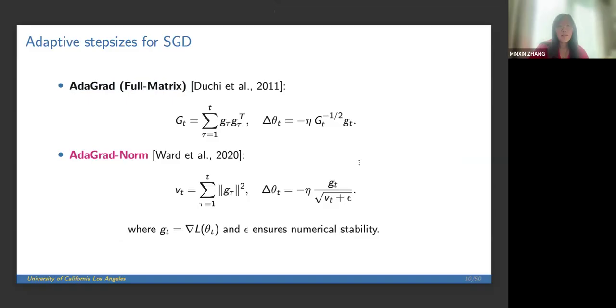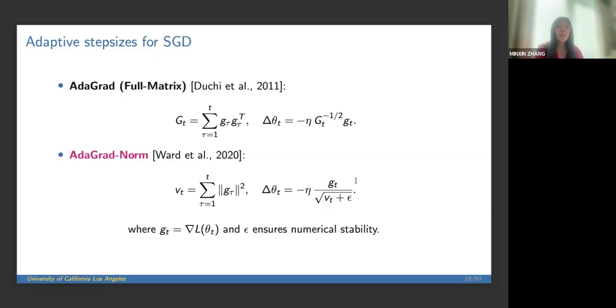But if you use another matrix like G_t to rescale that orthogonalized update direction, the orthogonality would be destroyed, which would destroy the advantage that orthogonalization has brought to training. Instead, for AdaGrad-Norm, you can simply use a scalar to scale the orthogonalized update direction, which preserves the structural advantage of orthogonality while adapting the scale of the update.